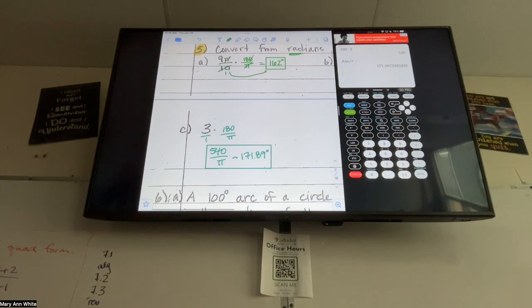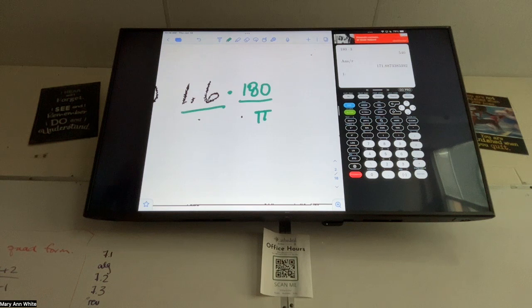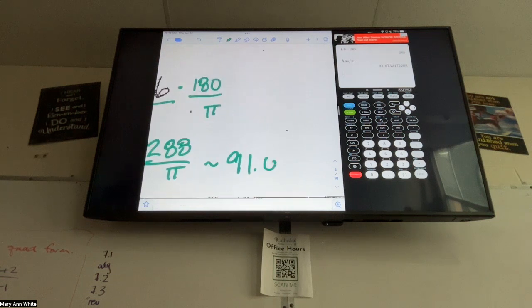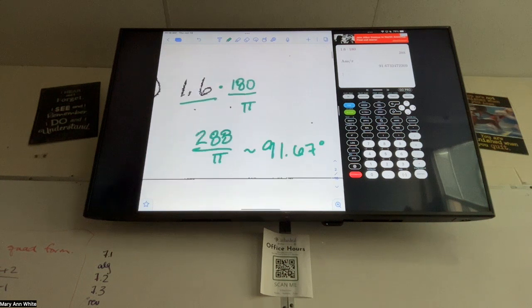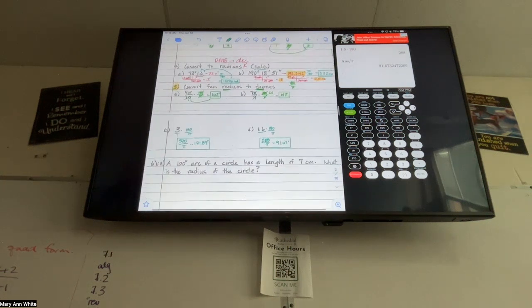I'm gonna do that and jump over to 1.6 and multiply that by 180 over pi. And that's approximately 91.67 degrees. Cool. Nice, you guys are doing great.